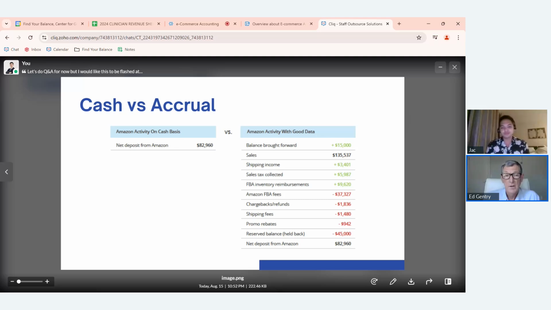Well, very good. So in summary, obviously, accounting for an e-commerce business is more complex than most other businesses and requires particular knowledge. It's not something for a novice to do. You really have to have the experience to do this successfully and accurately for a business.